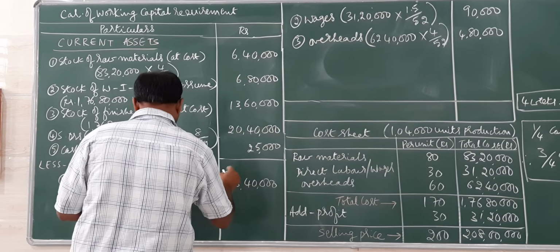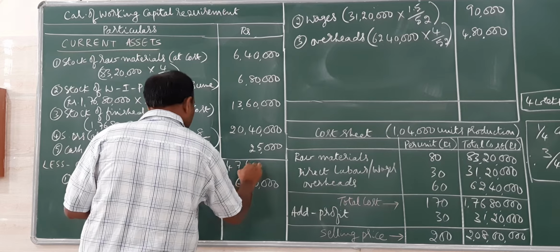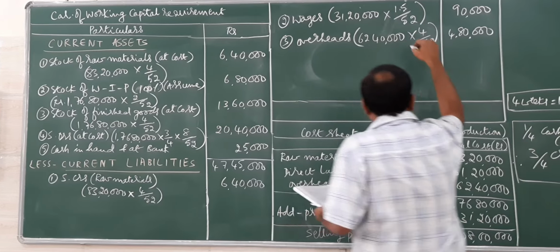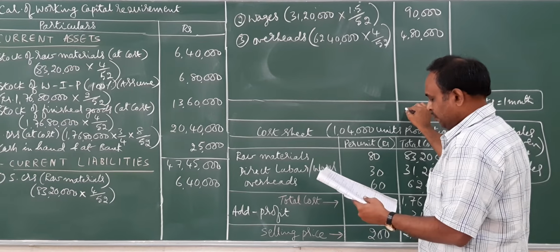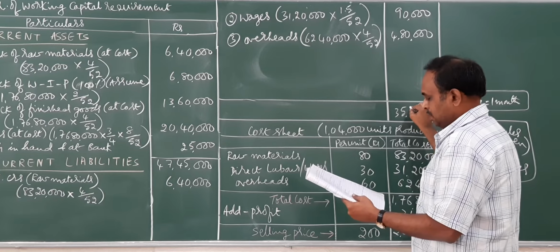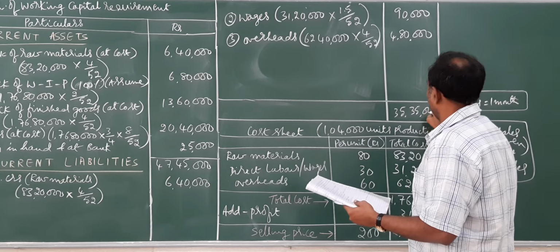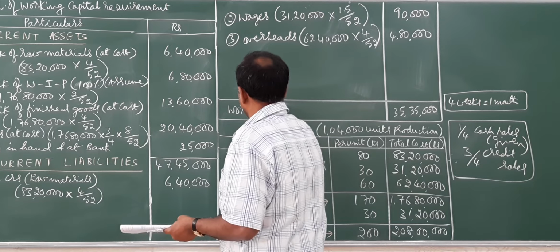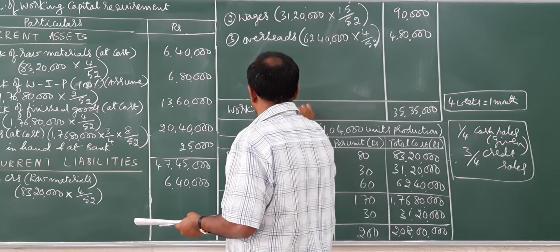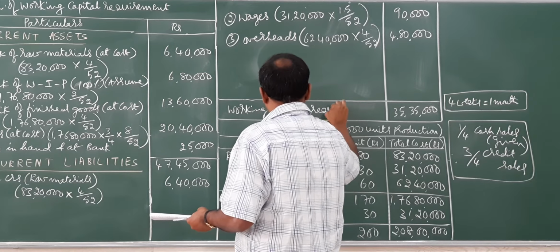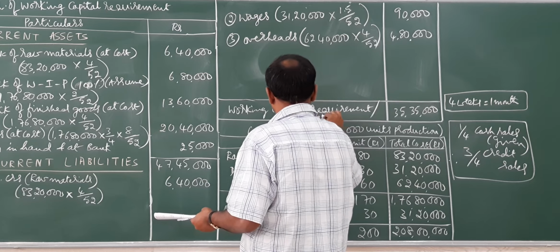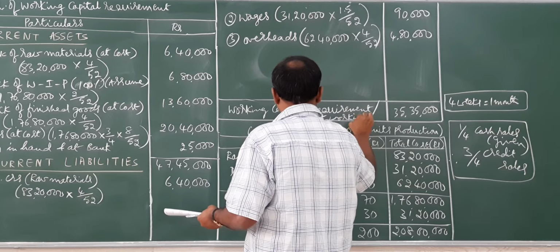So add up all the current assets, 47 lakh 45,000, less current liabilities. You are going to find the value as 35 lakh 35,000. This is working capital requirement as well as net working capital. Both are same here because you don't have contingency.